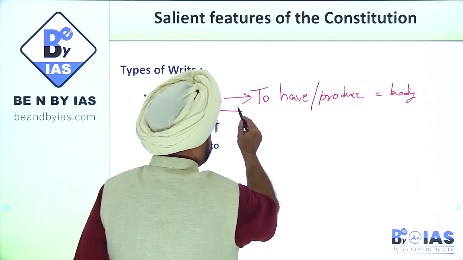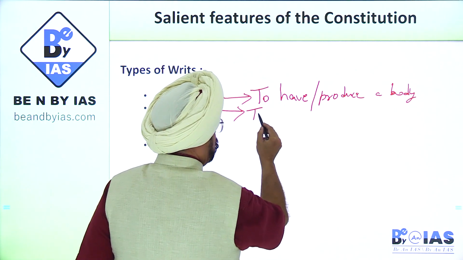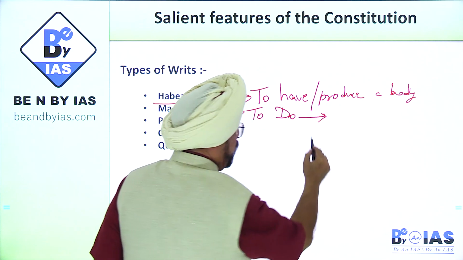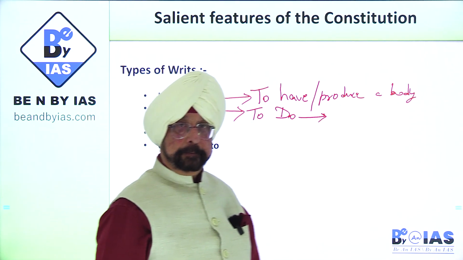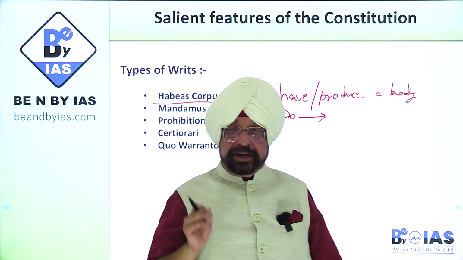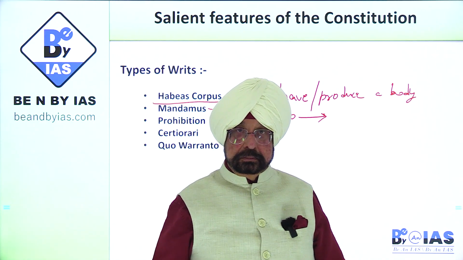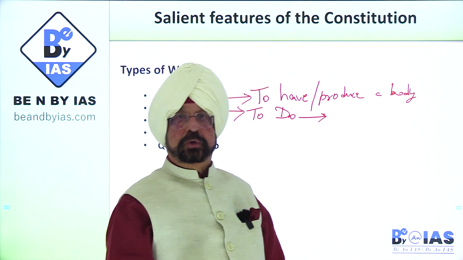Mandamus is a direction to the executive to do. To do what? Suppose an executive authority is entrusted with a public duty to perform, and they fail to do that.